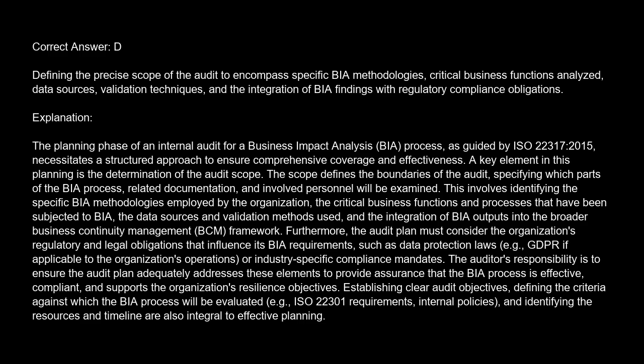This involves identifying the specific BIA methodologies employed by the organization, the critical business functions and processes that have been subjected to BIA, the data sources and validation methods used, and the integration of BIA outputs into the broader business continuity management (BCM) framework.